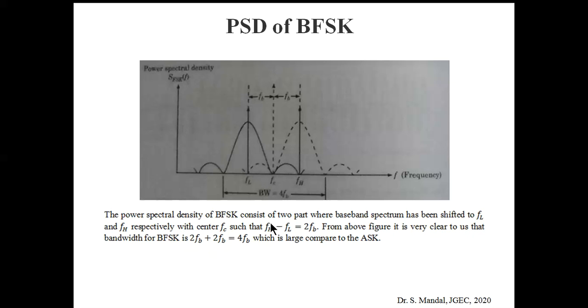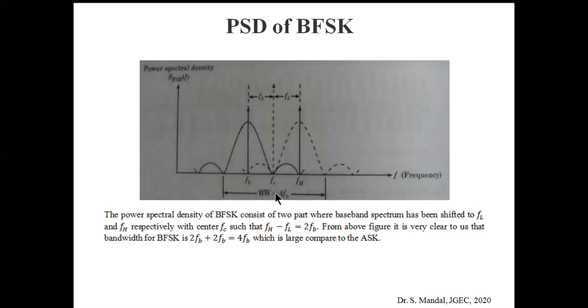That means if we calculate FH minus FL, you can see that the distance from FC to FH is FB, and the distance from FL to FC is also FB. So obviously FH minus FL equals 2 FB, and you can see that the bandwidth, that means where the maximum power lies, is in between this region.